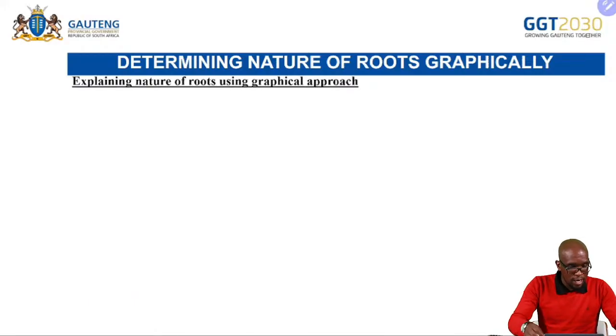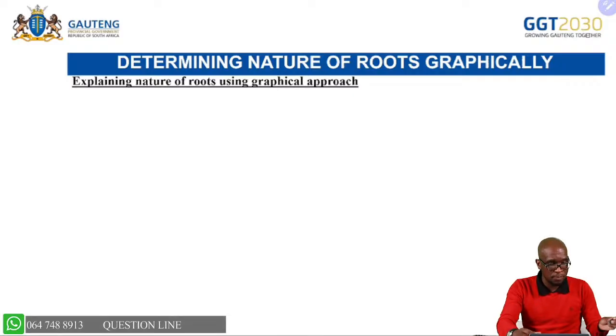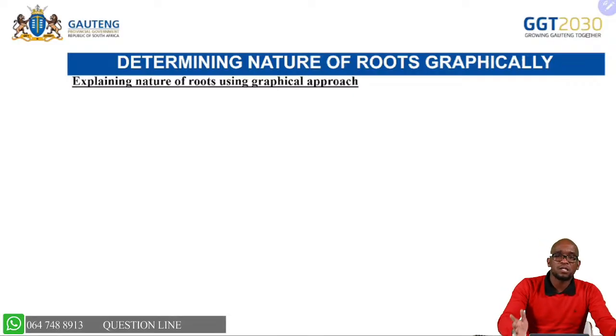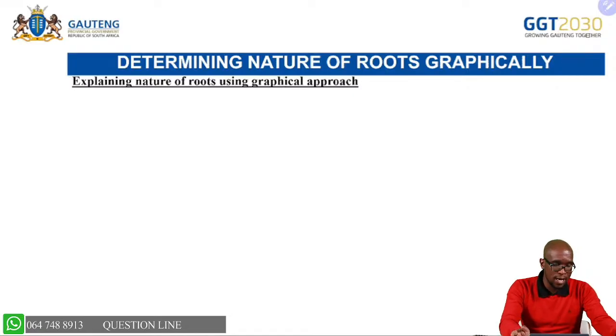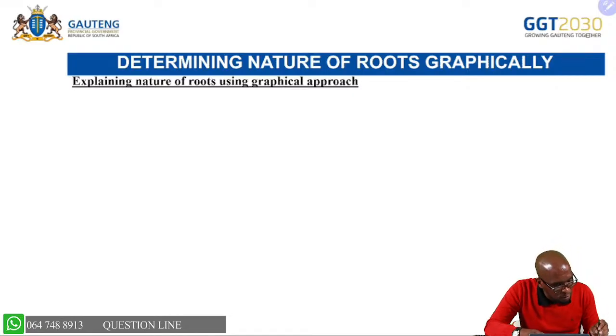Right. Explaining nature of roots using the graphical approach. Now, I'm going to explain what you need to do if you want to use the graphical approach to explain the nature of the roots. What basically happens in these questions is that you're going to check where the variable of interest, for an example, suppose that R is the variable of interest.